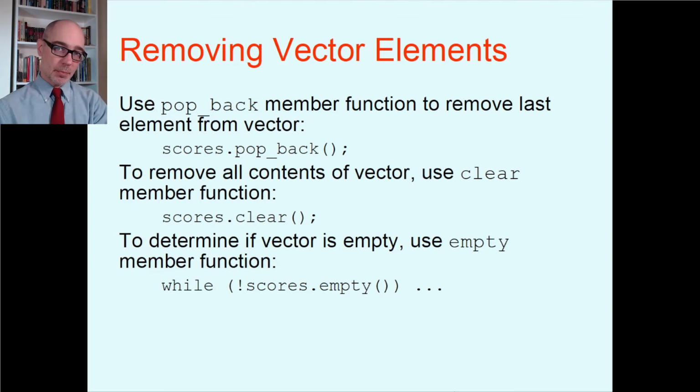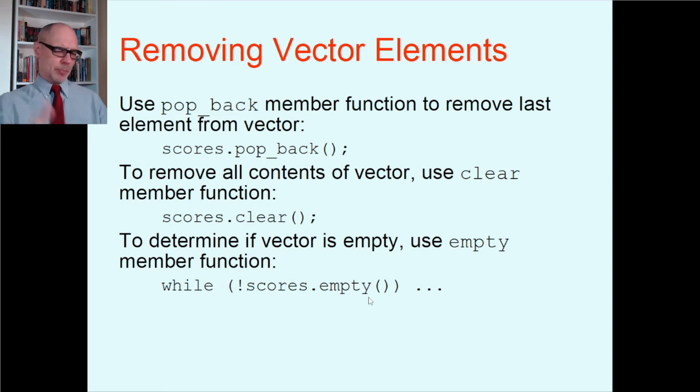There's a function called empty. Sometimes we want to see whether we just cleared out all of the elements in the vector, and the empty function does that. I might be doing input validation, for example. This line of code is saying, as long as scores is not empty, do some processing on the data you've got in the vector.